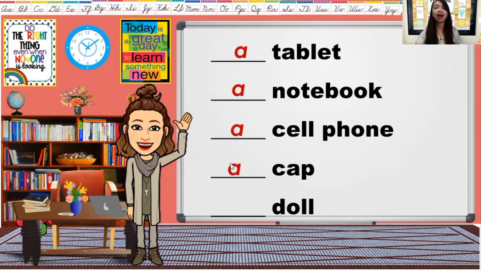Another one, a cap. And last one, a town. Okay, so let's read one more time. A tablet, a notebook, a cell phone, a cap, a town. Okay, so these nouns begin with a consonant letters. That's why we have to use article a. Okay, are we all good?